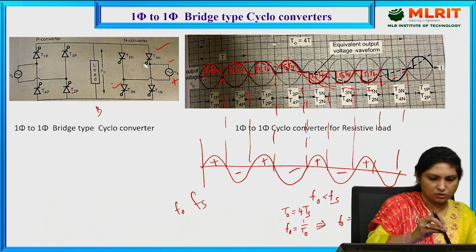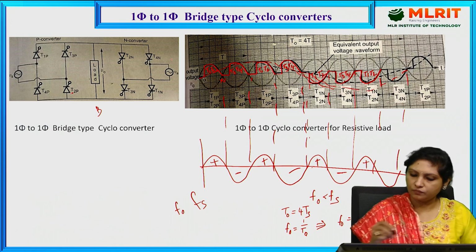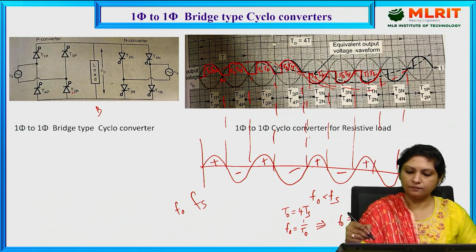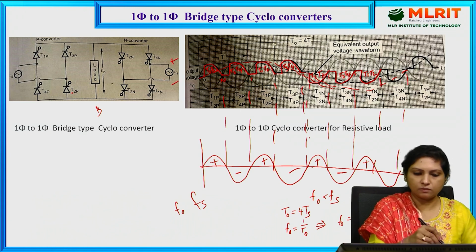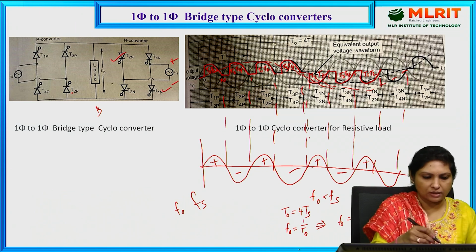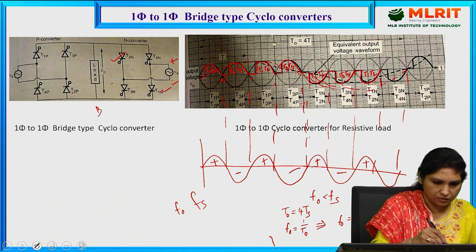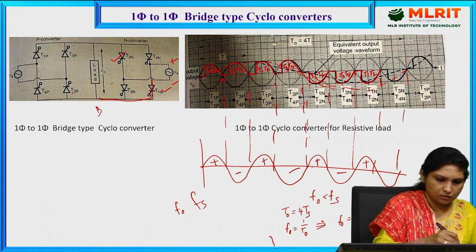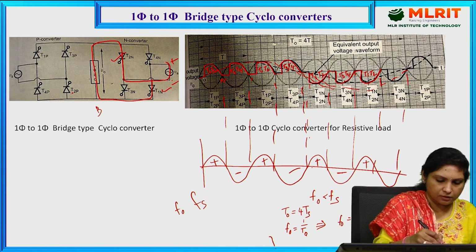Let me show you this as well. During the positive half cycle, we provide the triggering pulse for T1 and T2. So that is how T1, T2 are conducting, through the load, T2 and back to supply.